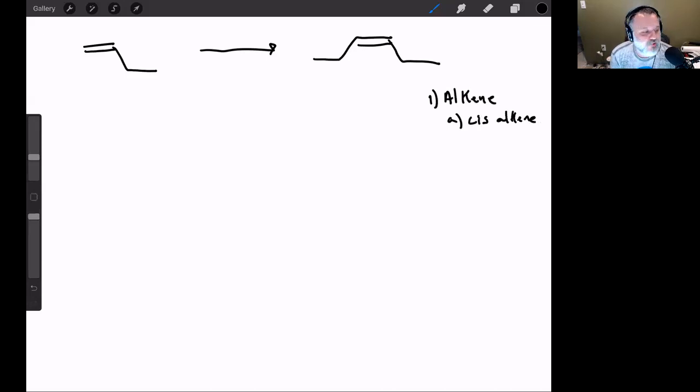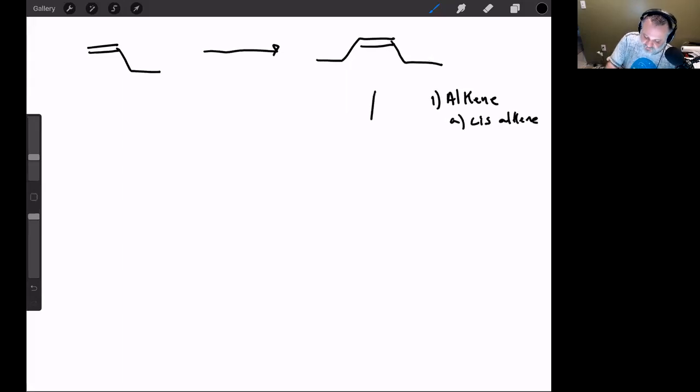And at this point, if you think about it, you only know one reaction that makes cis alkenes. You can make a cis alkene from an alkyne.